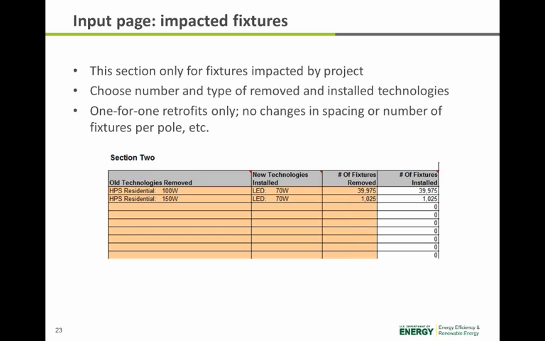One thing I wanted to call attention to is the tool is designed for one-for-one retrofits only. It doesn't take into account or provide the ability to look at changes in, say, pole spacing or number of fixtures per pole. So that's the default way the tool operates.